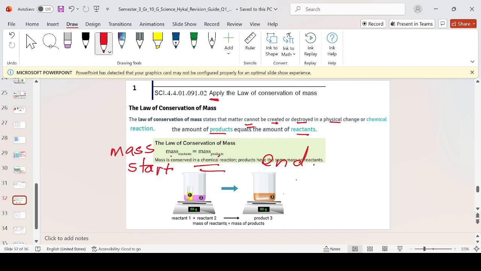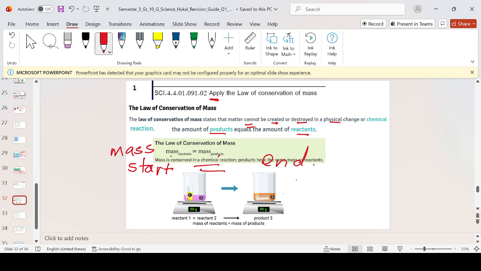What is the mass? 2 grams. Reacts means I add 2 grams plus 72. It's 73 at the beginning, at the start. So the mass of the reactants is 73 grams. What will be the mass here? I complete this table. It will be 73.